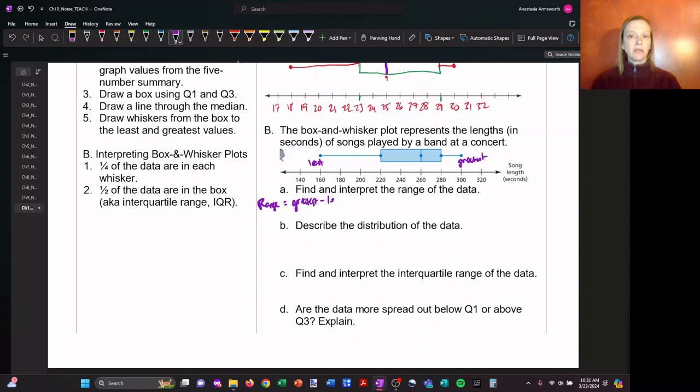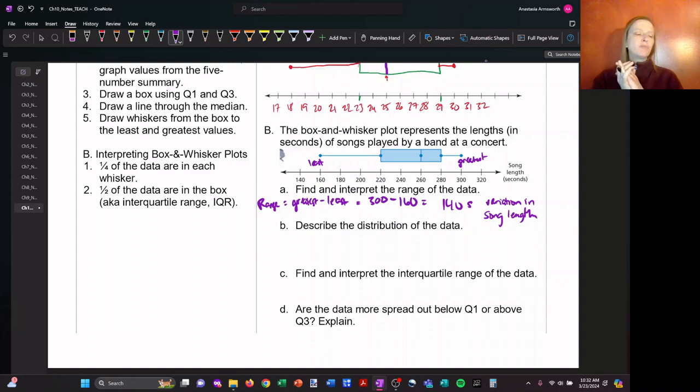Greatest minus least, which is going to be the 300 value minus 160, and that's going to be a 140-second variation in song length at the concert. Okay, so we found the range, and we also interpreted what that range means in the context of this problem.